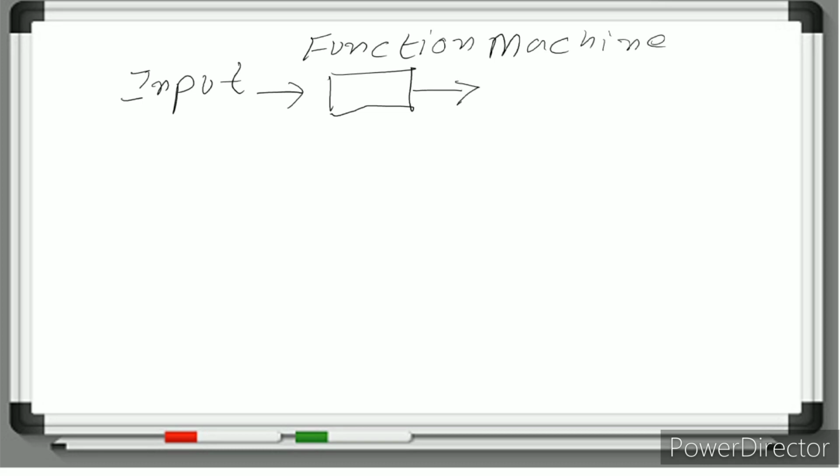Then the function machine will process the input and I will get the output. As I have shown you in the video, we already discussed what is input, what is function machine, and what is output by means of an example.